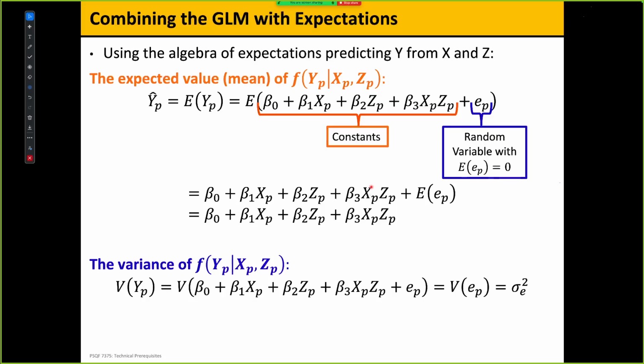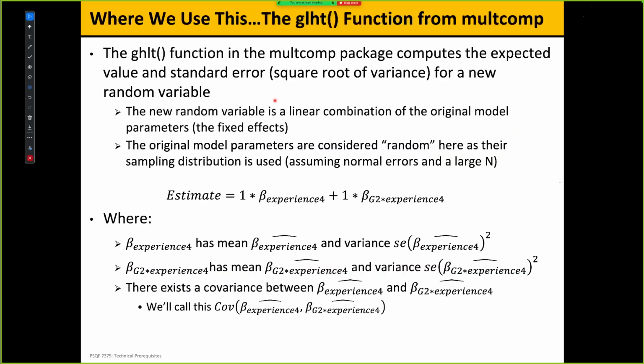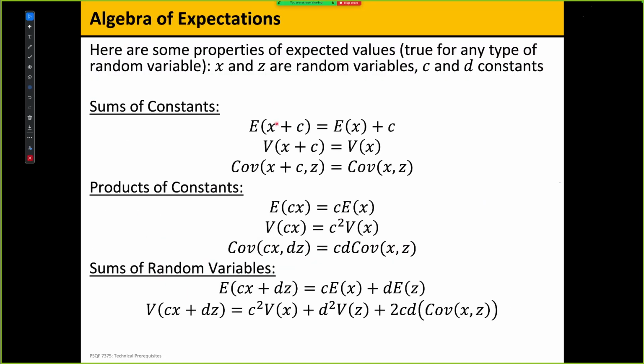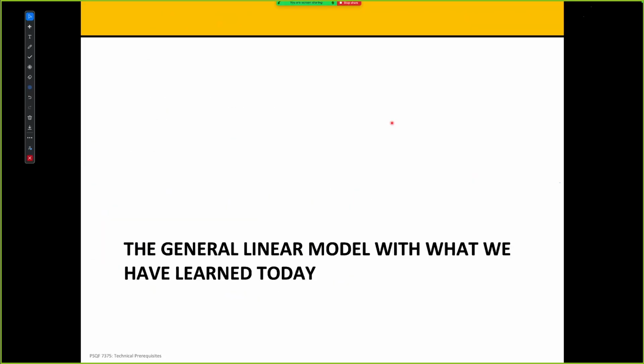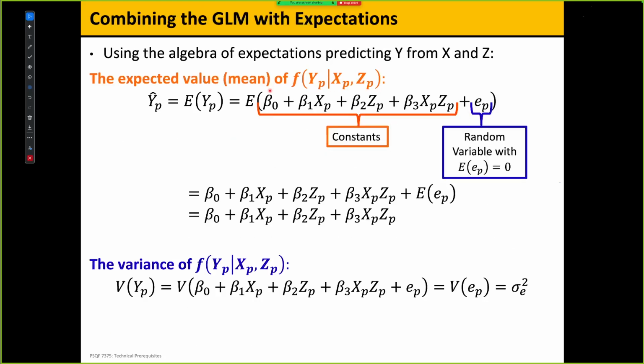Yeah. So think of it this way: if we go back to our algebra of expectations, the expectation of x plus c is really the expectation of x plus just the constant itself. So here, what we have to see is that everything underlined in orange is a constant.